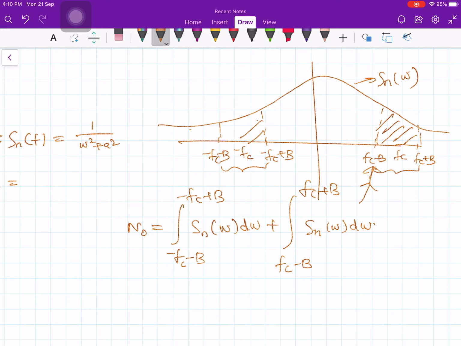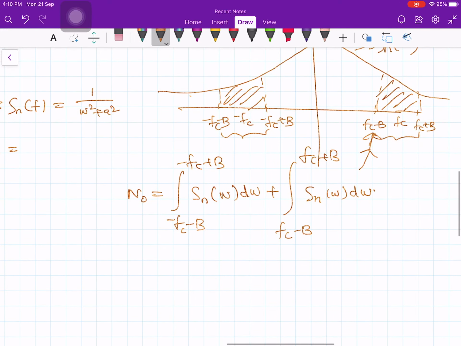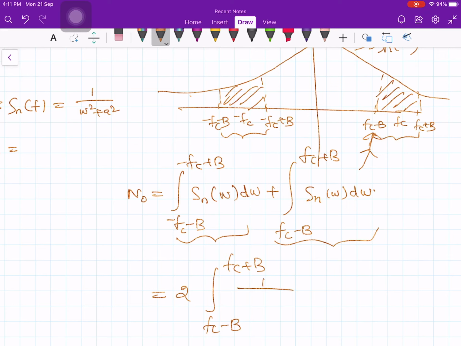This area is the same as this area. It is an even function because the power spectrum is an even function. Therefore, let me put 2 times the integral of fc minus b to fc plus b of 1 by omega square plus a square d omega.